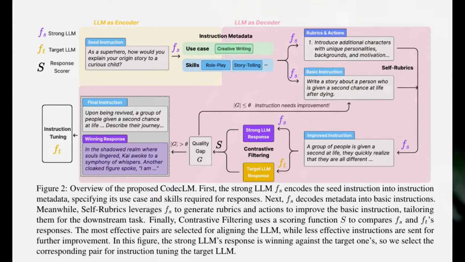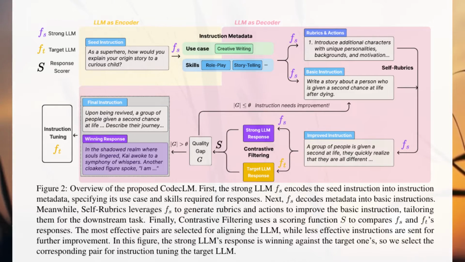This function assesses the quality gap between the two responses, indicating how much the target LLM can potentially learn from the strong LLM. Instruction selection. Instructions where the target LLM performs significantly worse than the strong LLM are prioritized for fine-tuning. These instructions expose the target LLM's weaknesses and encourage improvement in those areas.